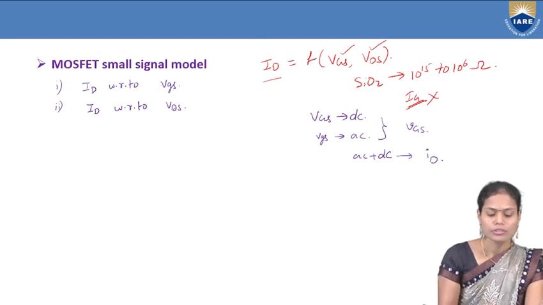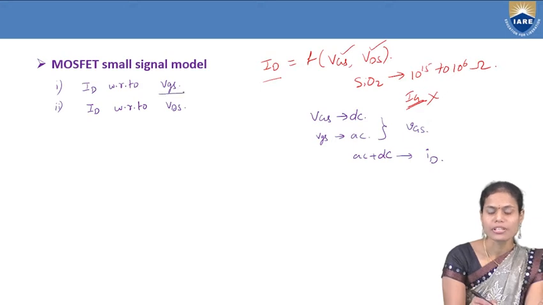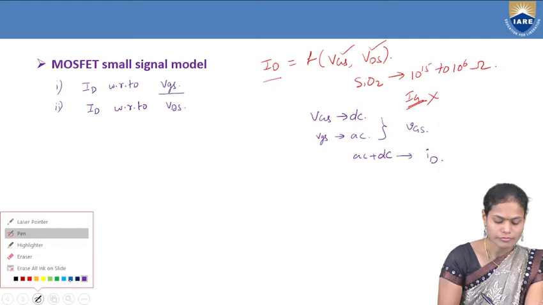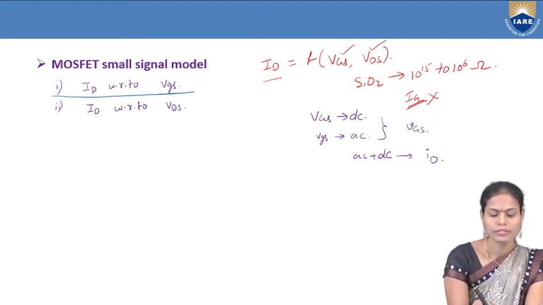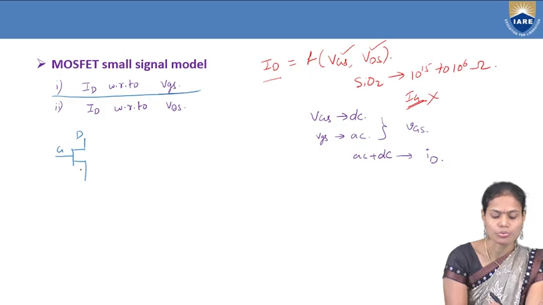So in order to make the small signal MOSFET model with the variation of VGS voltage, considering the first case, I am considering the MOSFET with the gate, drain and source terminals. Between gate and source, we are providing DC as well as AC signals.